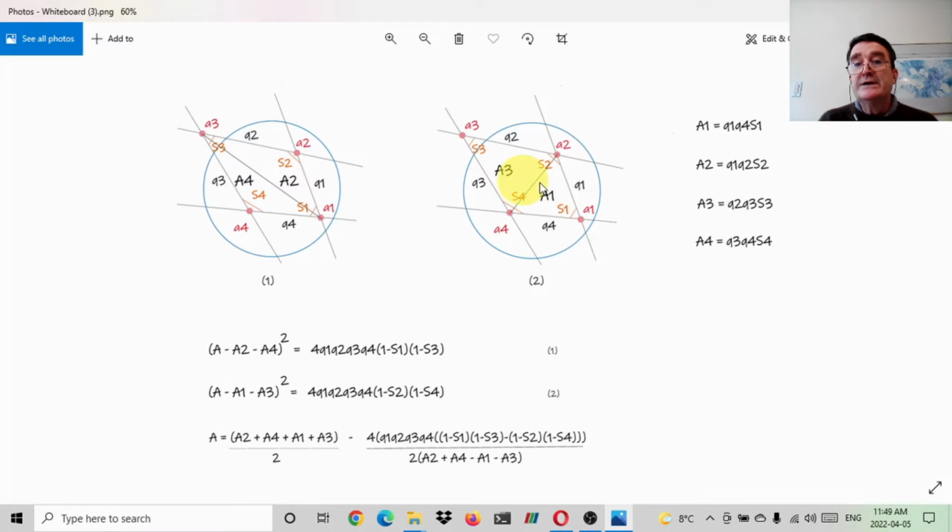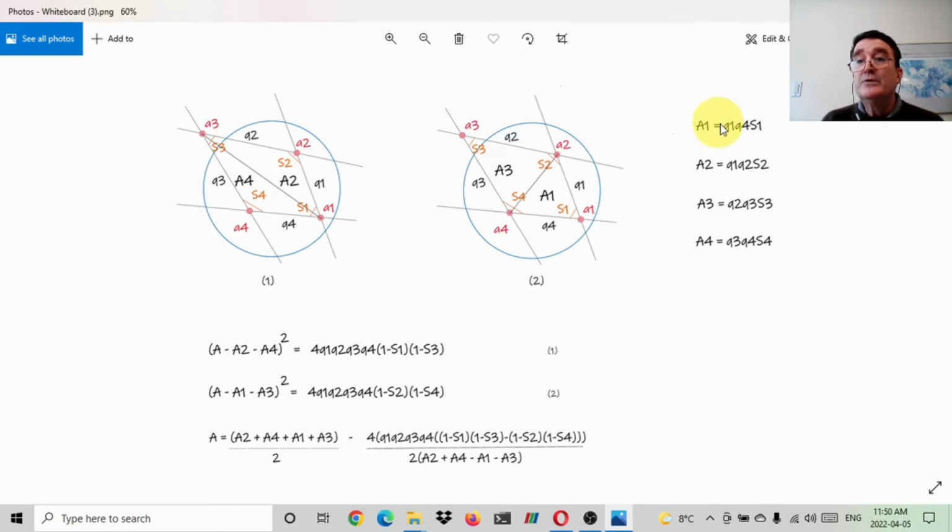These quantities A1 and A3 are the quadrias in Universal Hyperbolic Geometry. So A1 is Q1 times Q4 times S1. A2 is Q1 times Q2 times S2, the spread here. Similarly, A3 is Q2 times Q3 times S3. And A4 is the quadria of the triangle Q3 times Q4 times S4.